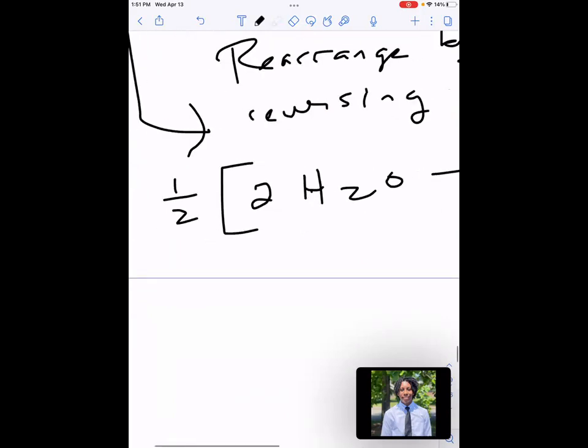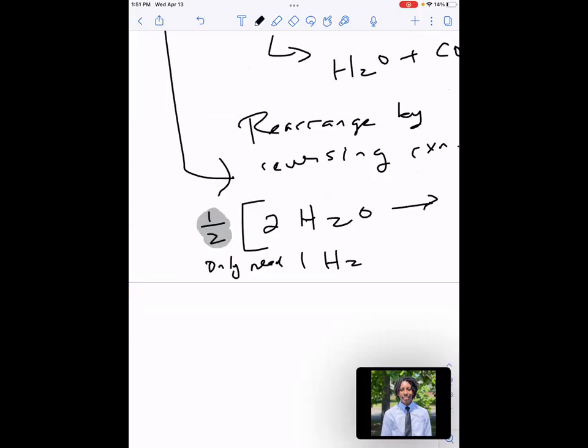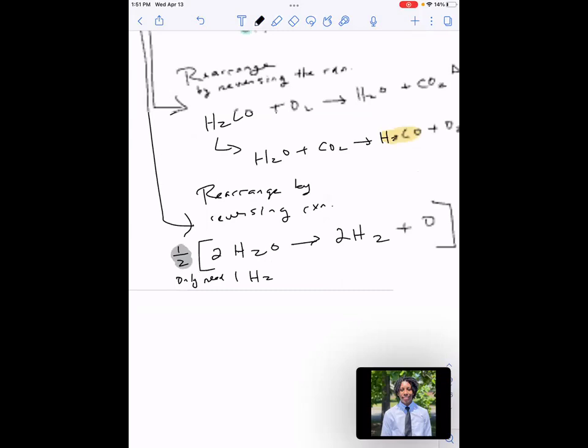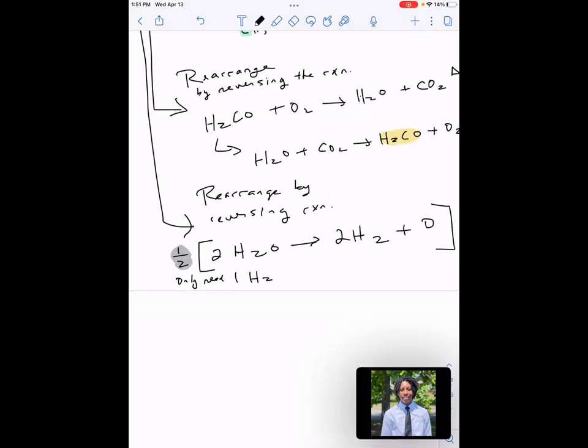So this is going to make the stoichiometry match. I'm going to multiply it through because I only need one H2 in the product. So that's going to give me H2O goes to H2 plus 1/2 O2.